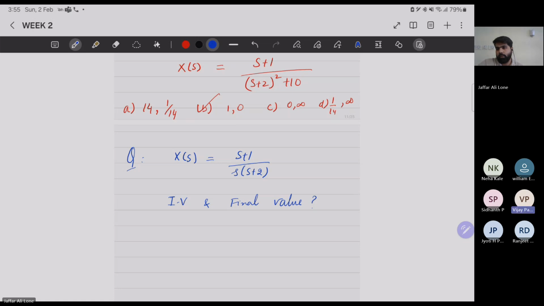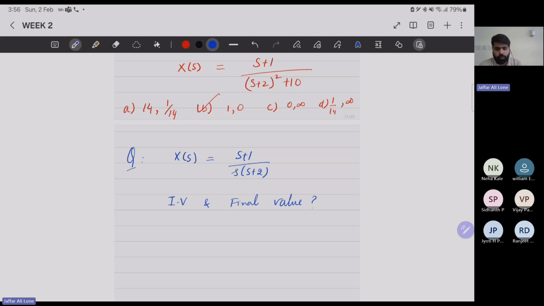And final value is half. Great. So things are clear now. If anybody has any doubt, then we can solve some more problems. Otherwise, we can just move on to other topics.